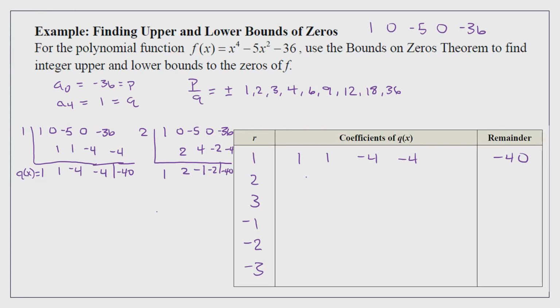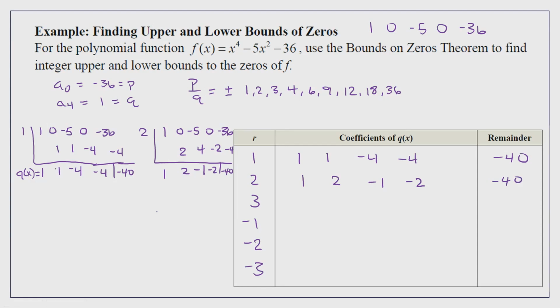Okay, this one too. My remainder is -40, so I know it's not a 0. So 1, 2, -1, -2, -40.